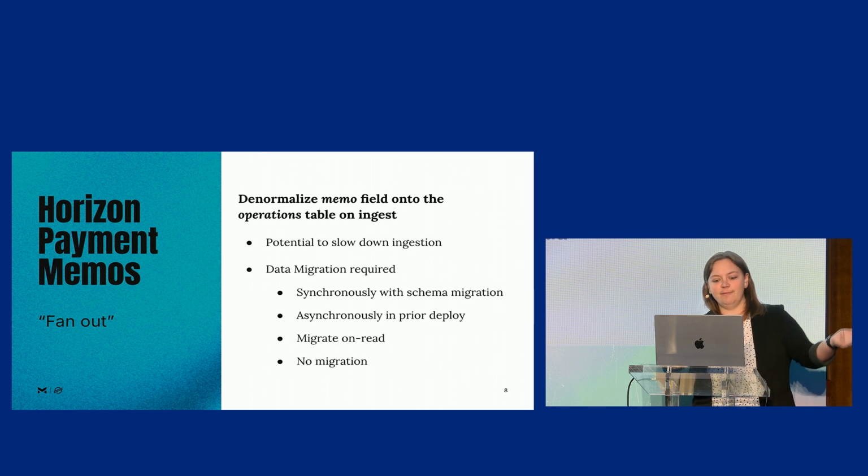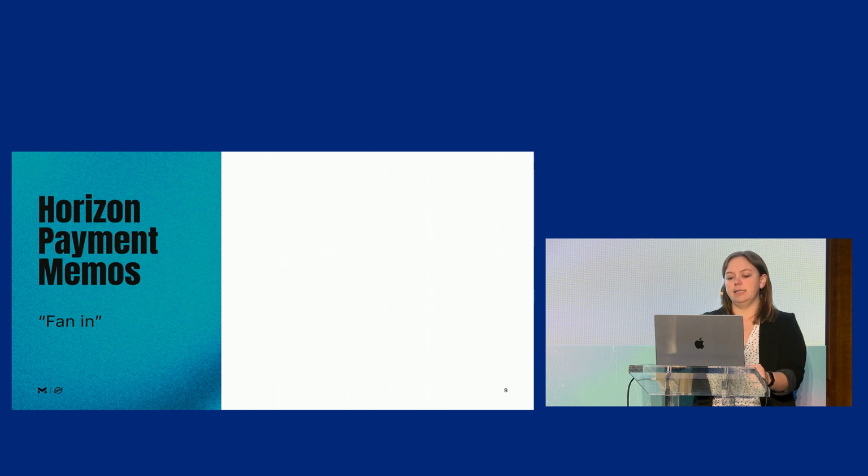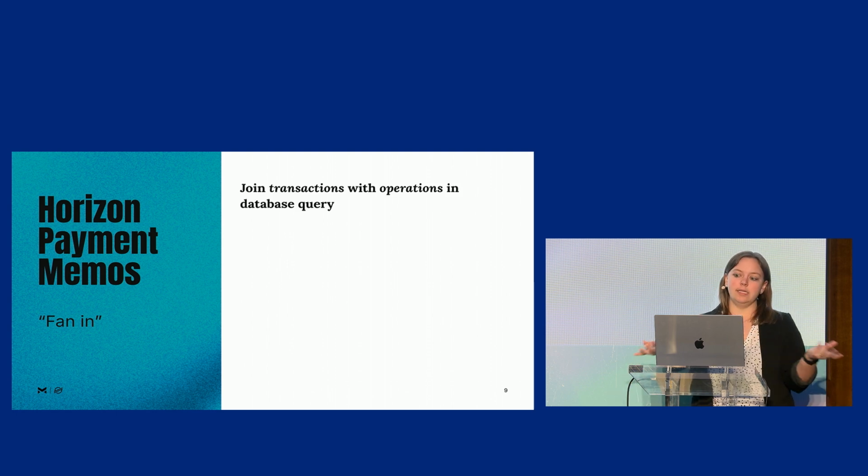The other option, if we didn't want to do this fan out or write option, is to fan in. And by that I mean, in this case, we could join the transactions with the operations in the actual database query. Reasonable, right?